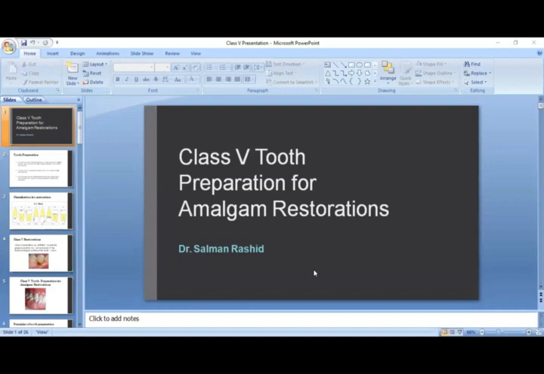Or we can also classify the caries region according to location. Location means that maybe it is close to the gingiva, I hope you all know what the gingiva is, or it is away from the gingiva. So there are different parameters on which we differentiate and assign different classes. That's how we designate the different classes, like class 1, 2, 3, 4, 5, and 6.